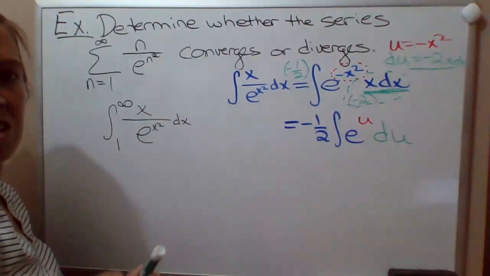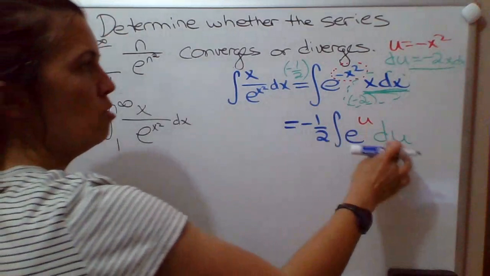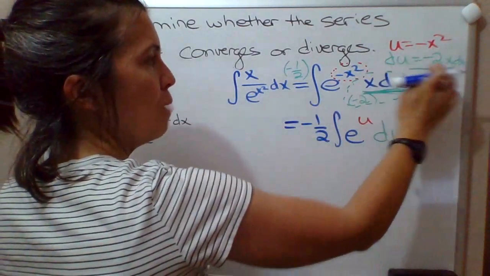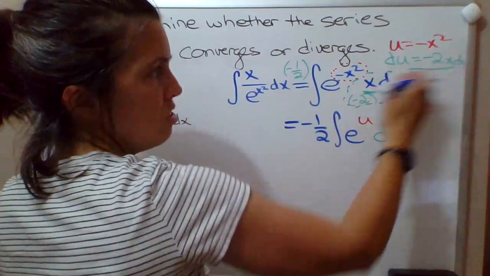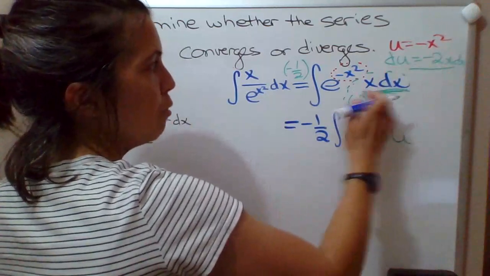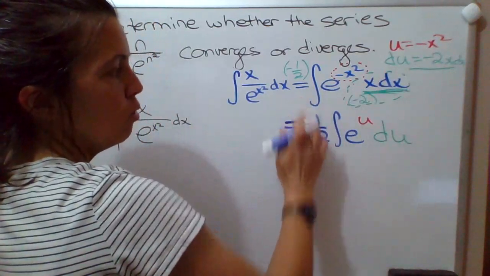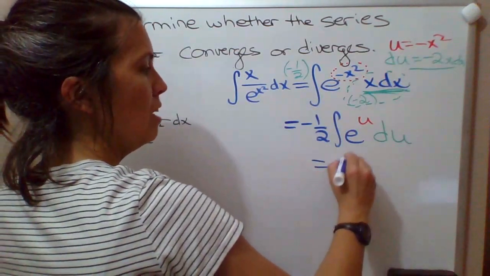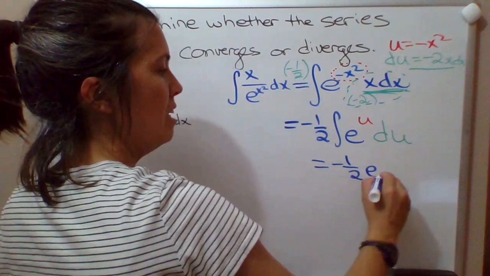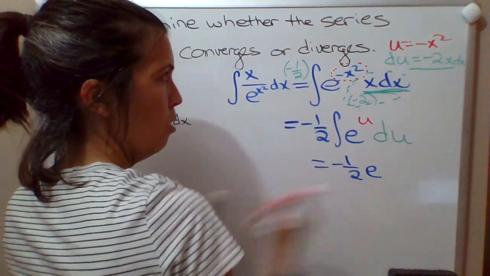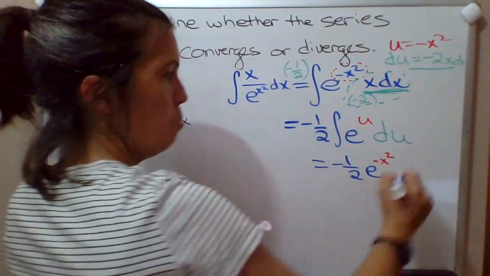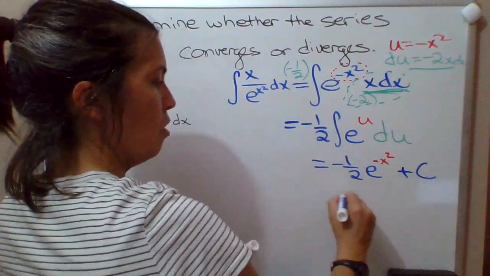So it becomes just the integral of e to the u du, with a factor of negative 1/2 outside, which you might have found by dividing both sides of this equation by negative 2 if you prefer doing it that way. And so the antiderivative then is negative 1/2 e to the u, which remember u is a stand-in for negative x squared, plus c.